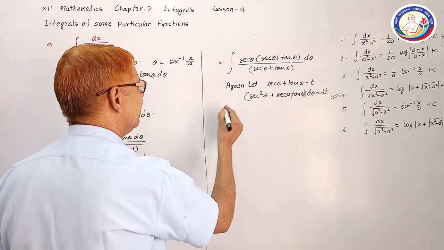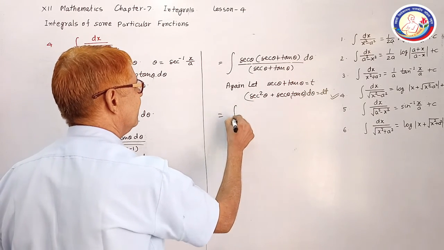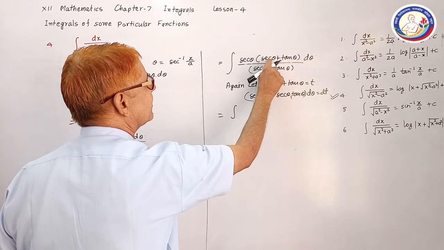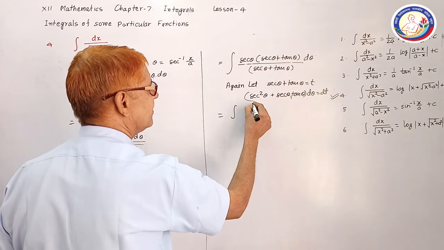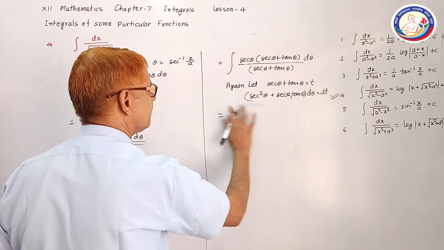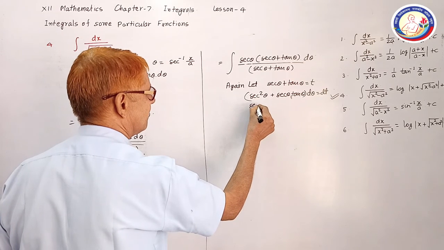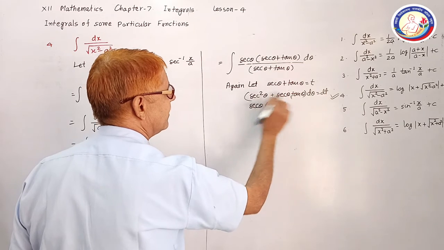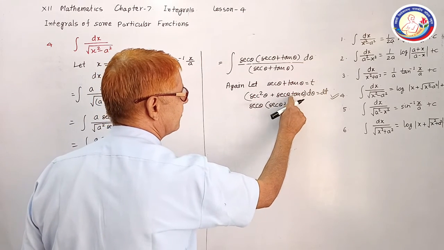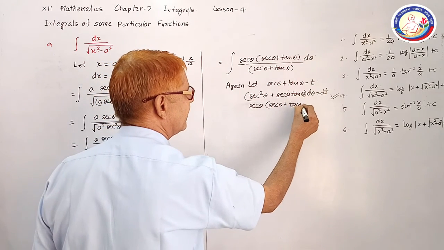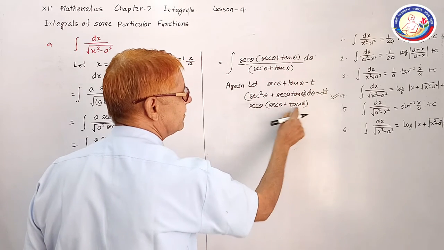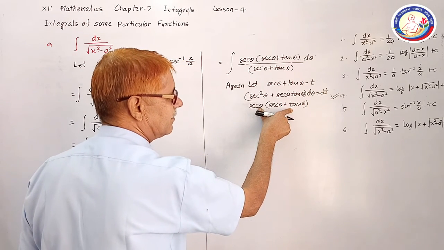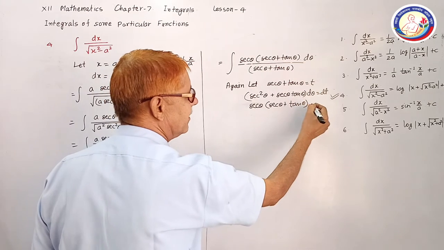Now put this substitution here, we will get integration of sec theta. This is sec square theta. We can write it sec theta taking common. Sec theta is taken outside as common. So we will have another factor tangent theta. If we multiply these two expressions, we will get the same. So the result is same here.